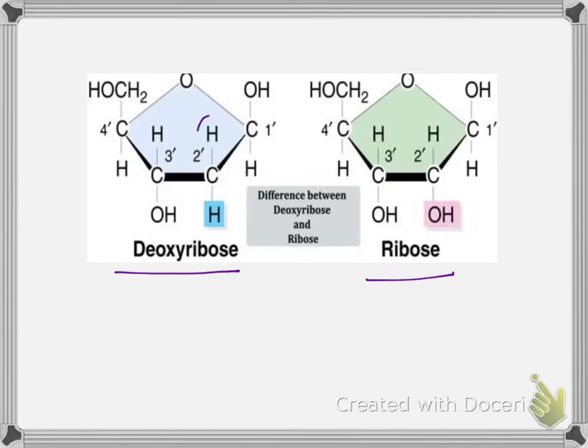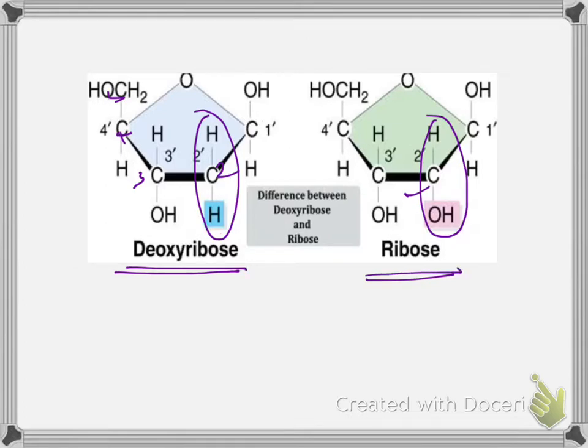The only difference between these two is in the second carbon, where ribose has an OH and deoxyribose has only H. It is a five carbon sugar, carbons 1, 2, 3, 4, 5, so it is a pentose sugar.